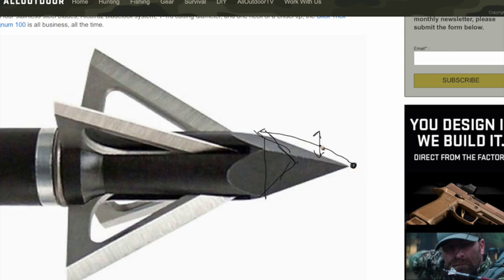So yes, mechanical advantage does matter in broadheads. It's just not in the way that the Ashby reports describe it. And it's certainly not something where, if you are shooting an Iron Will versus a 3-to-1 broadhead, you are sacrificing any kind of performance because of the difference in, quote, mechanical advantage for those two broadheads.